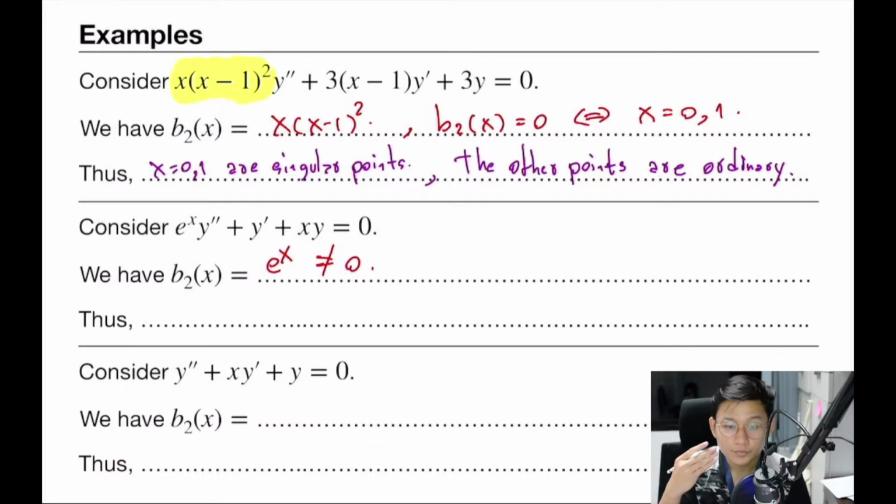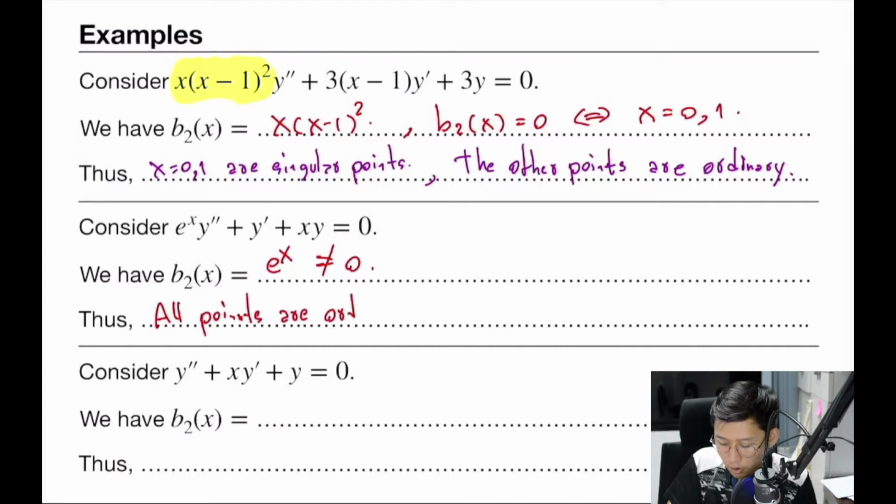So if it's never 0, it means that for any x, b2(x) is not 0, which means that all points are ordinary points and there are no singular points.